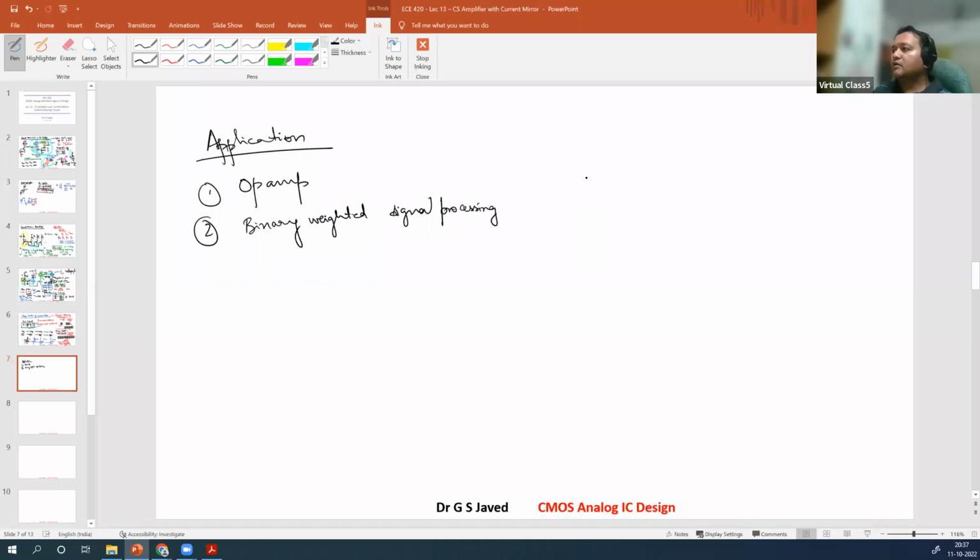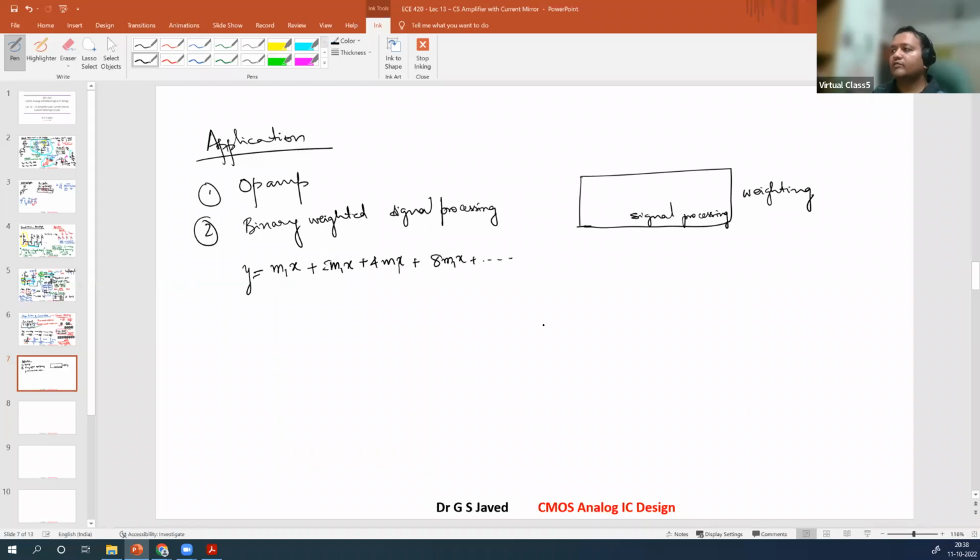If you have a particular signal processing block, and you need to give a weighting function for each one of them, the way you would implement it is, for example, you have a mathematical function which says y is equal to m1x plus 2m1x plus 4m1x plus 8m1x, etc. And your final output is going to be y.